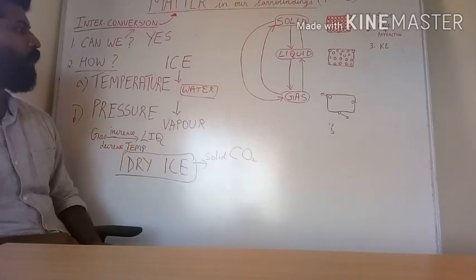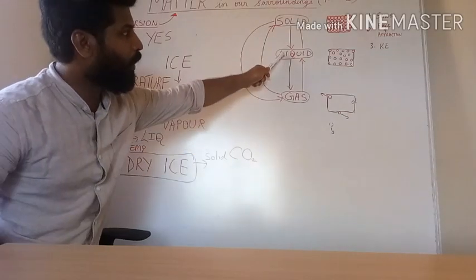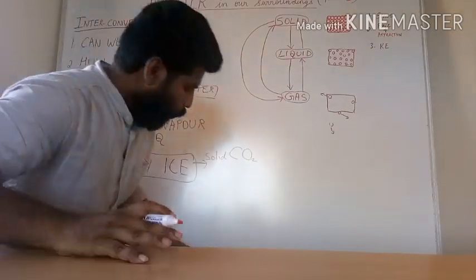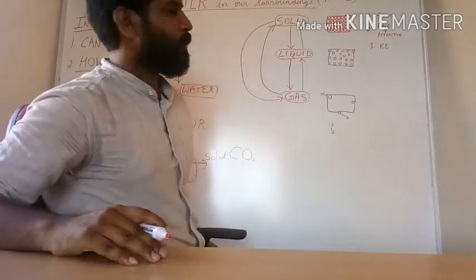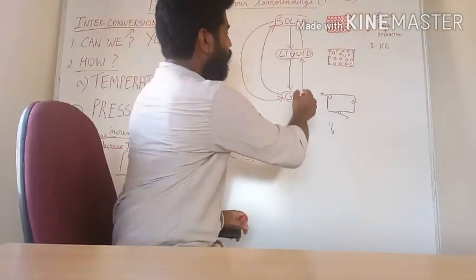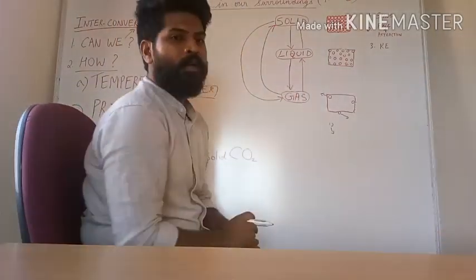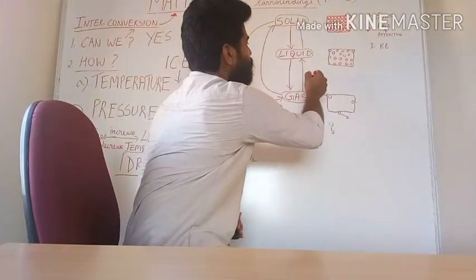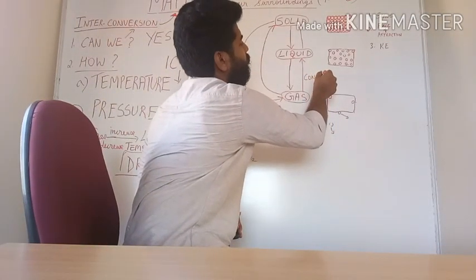If we do this, we can convert a gas into a liquid, or we can convert a gas into a solid. So what is this phenomenon called? When we convert a gas into a liquid, what do we call it? What is the term for that? It is called condensation.